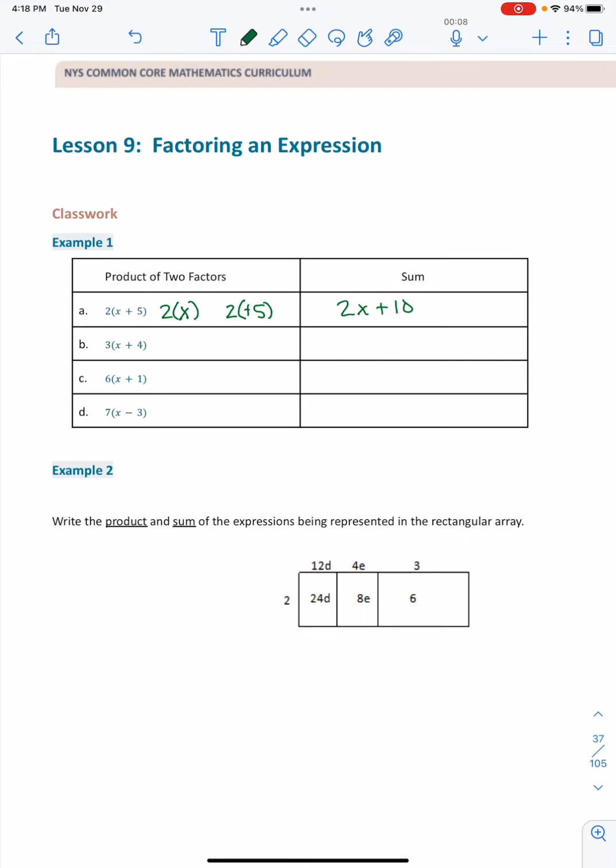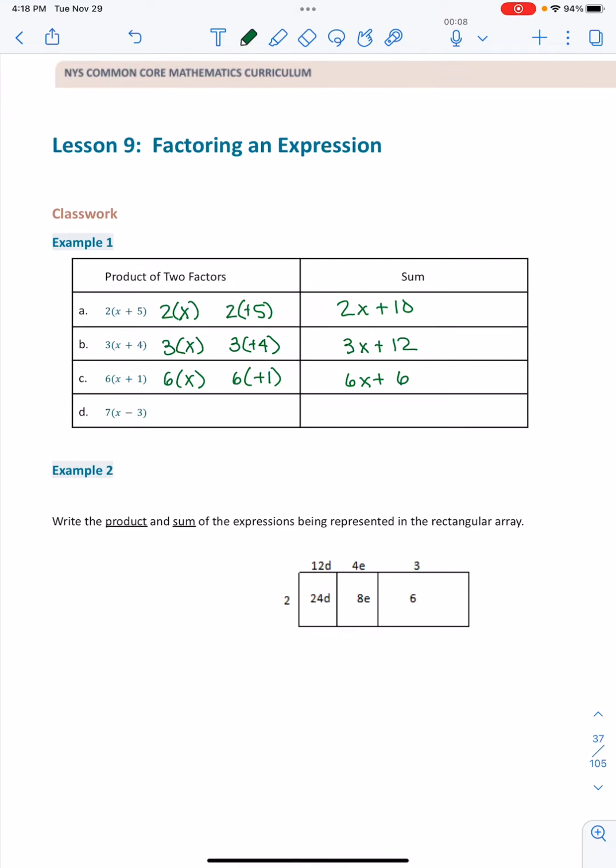For b, you'd have 3 times x and 3 times positive 4. That would give us 3x plus 12. The next one, we would have 6 times x and 6 times a positive 1. That would give us 6x plus 6.